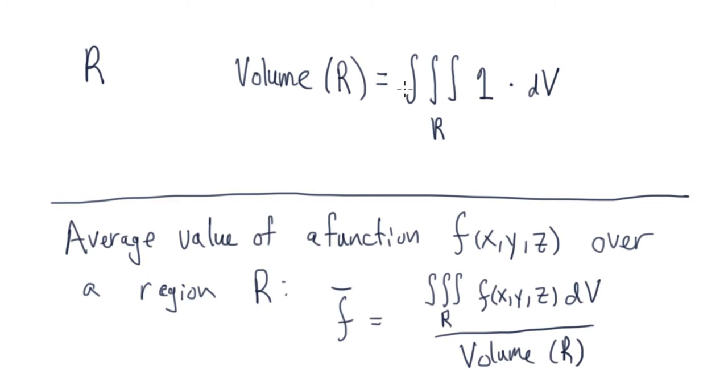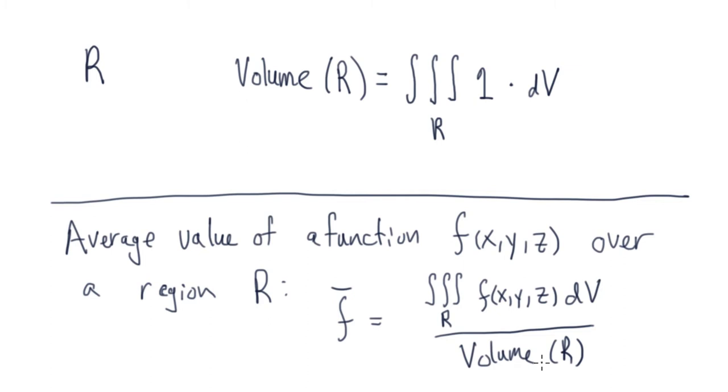So this has a lot of really nice applications, things like center of mass. Or, I think I already mentioned that, if f is a temperature function, you can add up all of the temperatures over a volume and find an average temperature in a room where maybe the temperature is different in different locations.